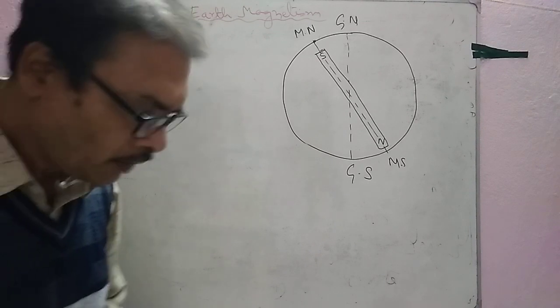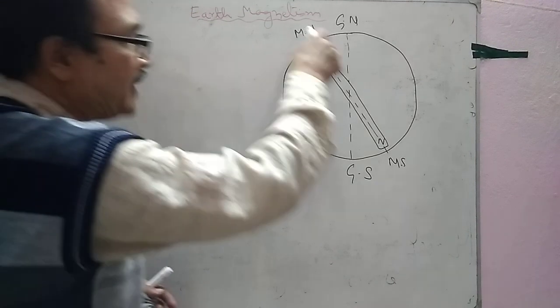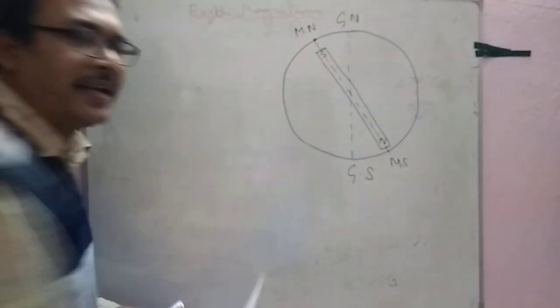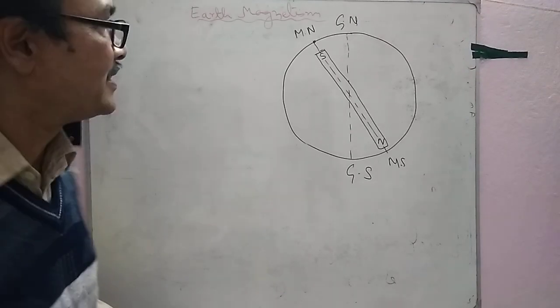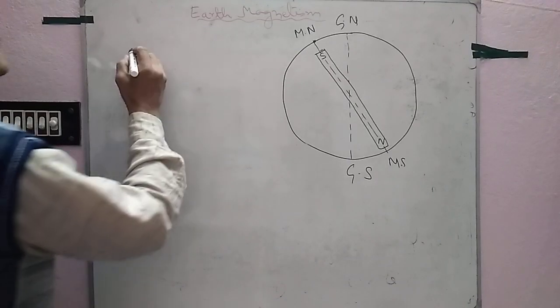Clear? So according to William, this axis, this is magnetic north. So geographical north and magnetic north are not in the same place. There is an angle. This is the magnetic axis.